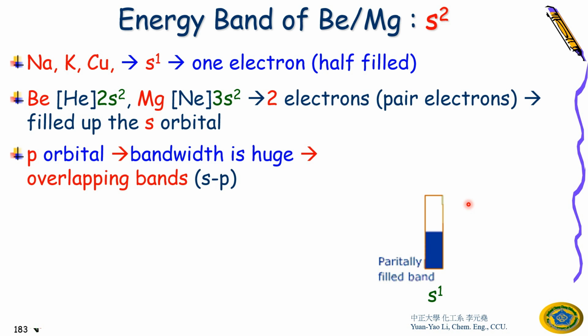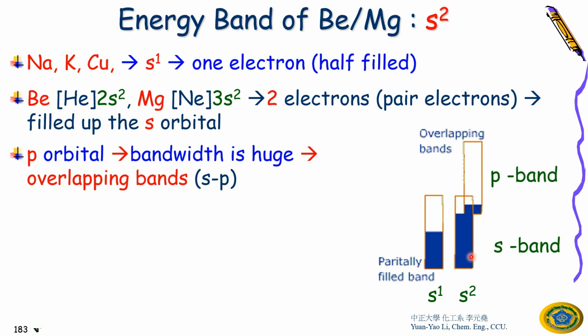The interesting thing is, if we have a solid and a lot of atoms put together, then the s orbital and p orbital will be overlapped. It looks like this, and this is called an overlapping band. So the electron here will jump to the p orbital, and this delivers the conductivity.